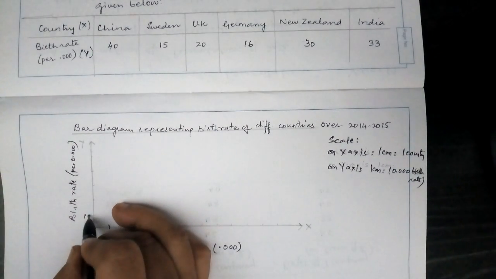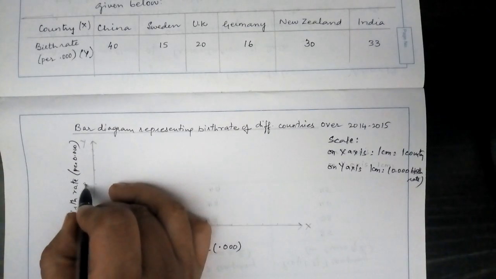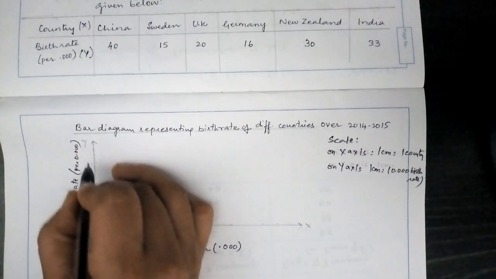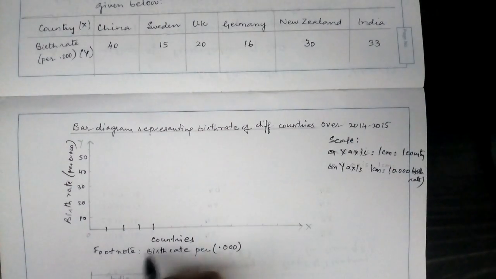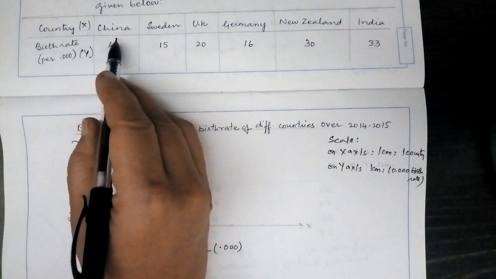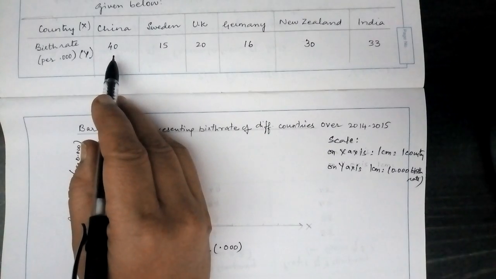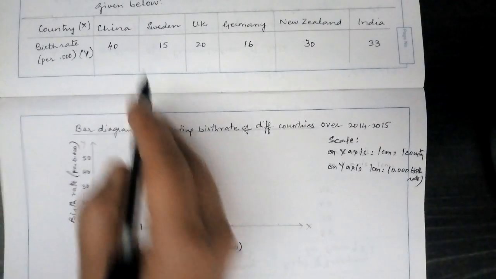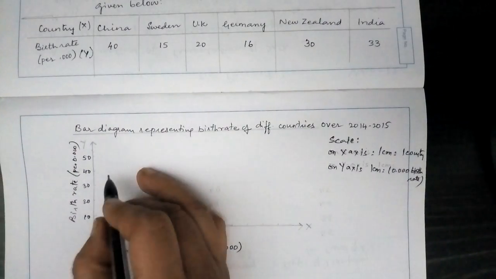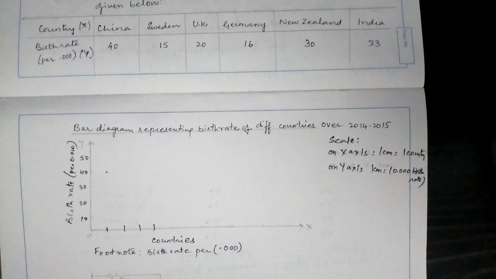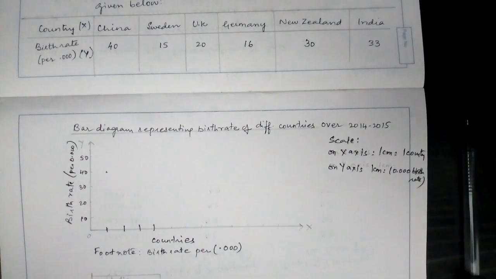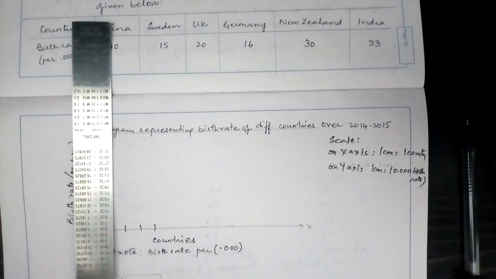So let's say it is 10,000, 20, 30, 40 and 50. Those are the numbers. And on the x-axis, the first country is China, whose birth rate is 40 per thousand. So China goes here. This is 40. So we'll use a ruler to draw the line.